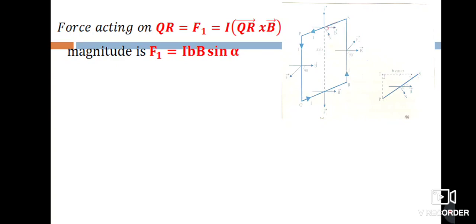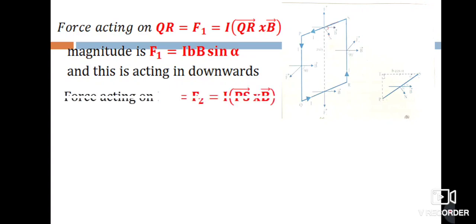Substituting the breadth b, and with sine theta replaced by sine alpha, since it is a cross product, we get F1 equal to I b B sine alpha. This force acts in the downward direction, as you can observe in the diagram for QR.